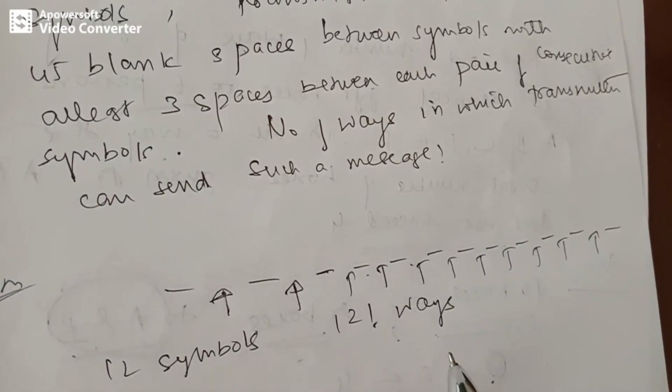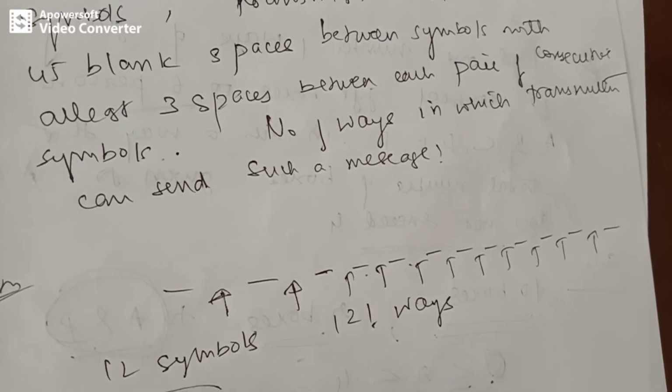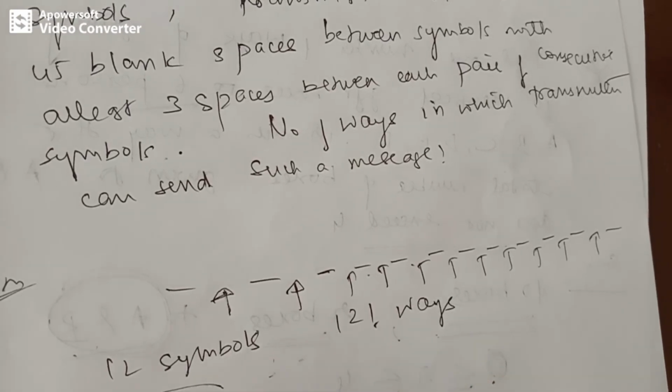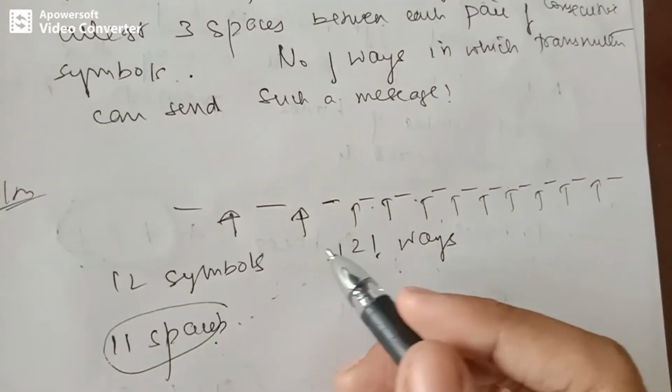And at least 3 spaces must be accommodated between the symbols. So there are 11 spaces, and for each of them we need to have 3 spaces.